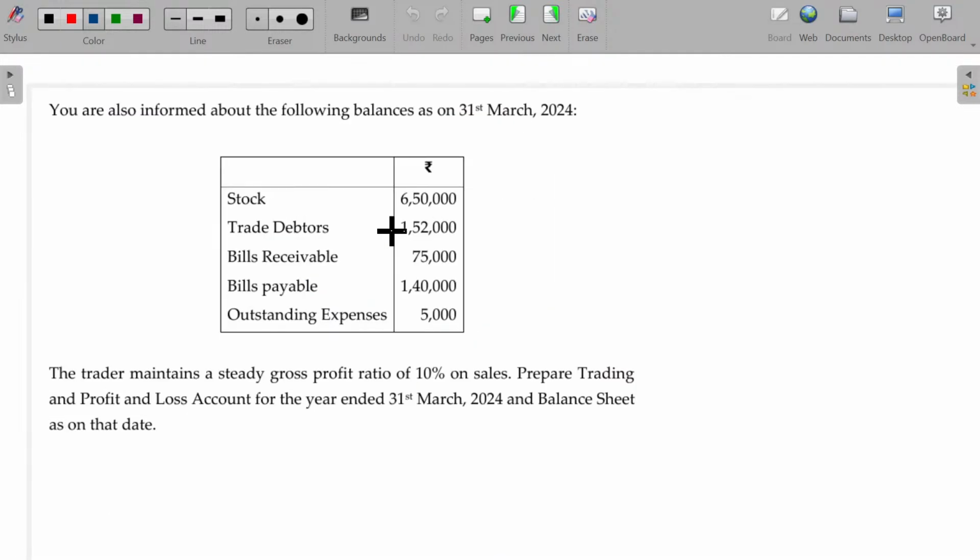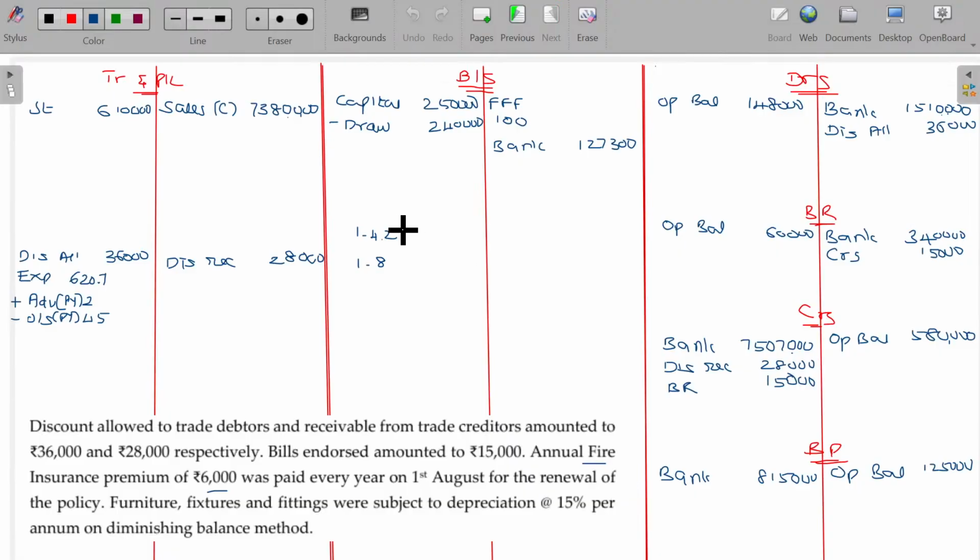Okay, 23/24, so the year ends on 31st March 24. I paid 6,000 rupees on 1/8/23, stating that this 6,000 is for one complete year.